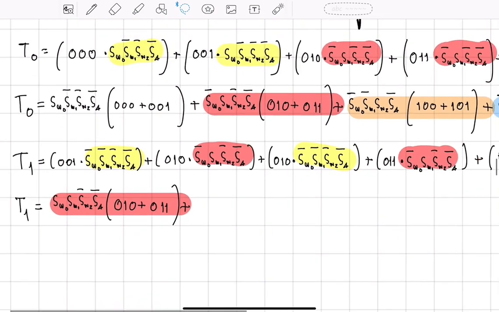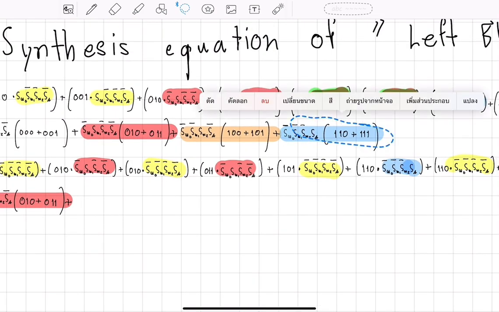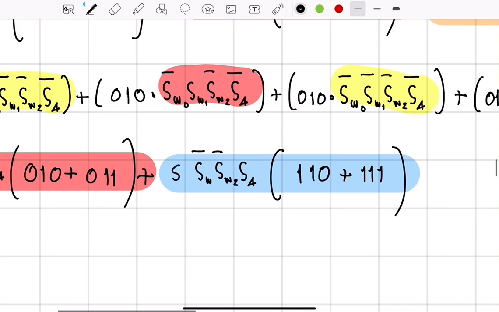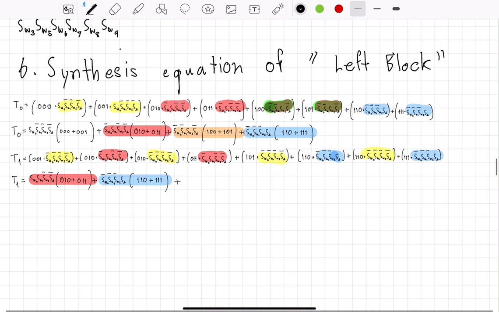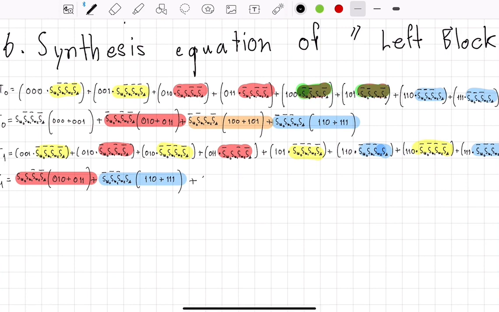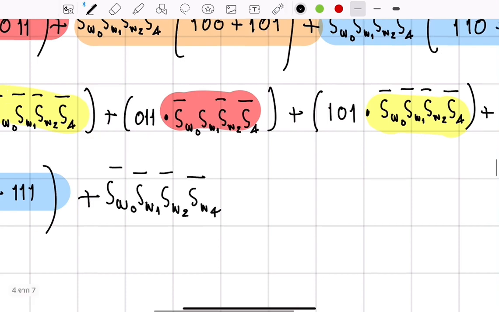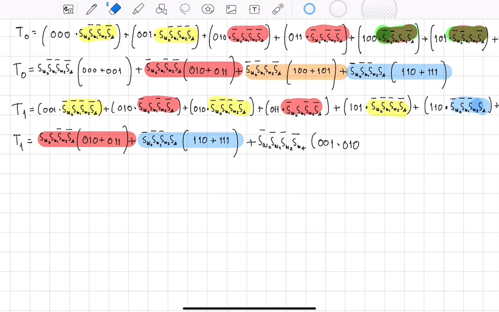Push switch 1 and push switch, and push switch 0, and 0, 0, 1, 0, 1, 0, push.